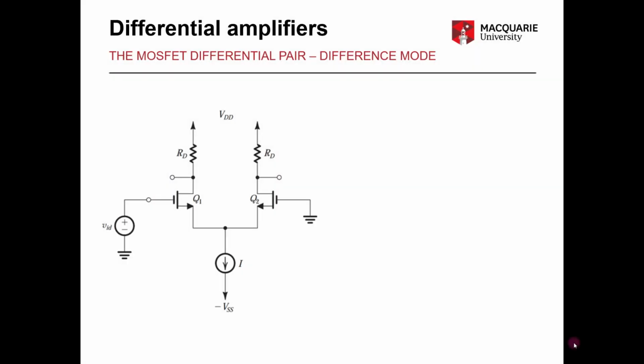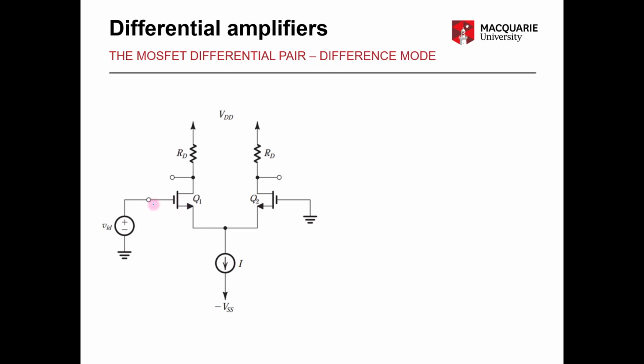So we know that by changing our input differential voltage VID, we can effectively manipulate how much of the total available current I is passed through either transistor Q1 or Q2. But at some point, we can reach a voltage VID at which all of the current will pass through only one of the transistors.